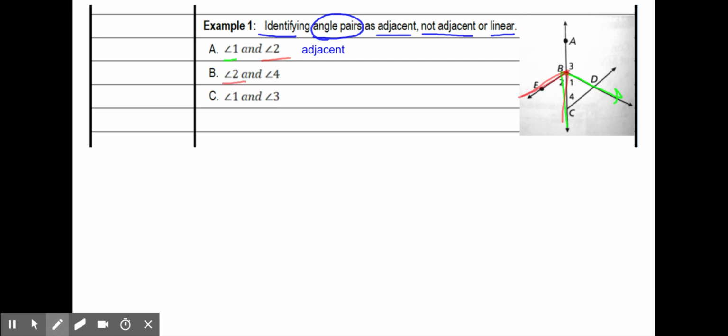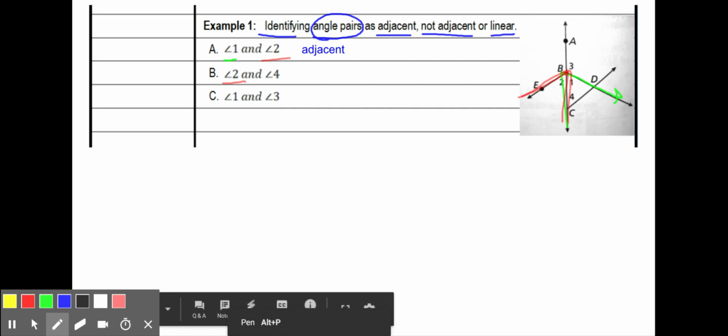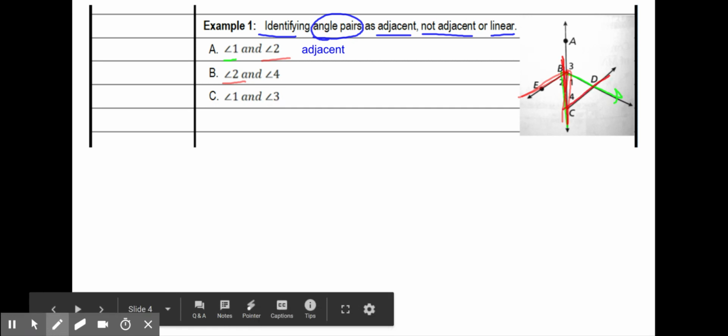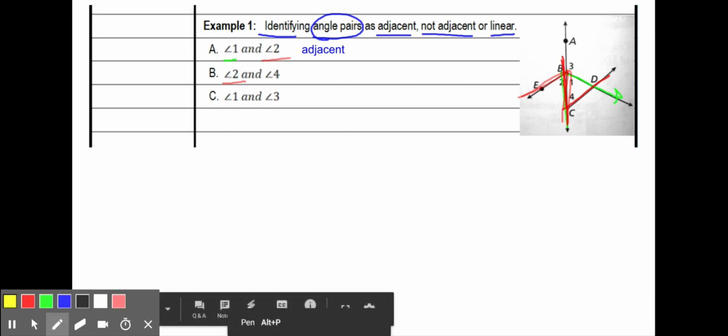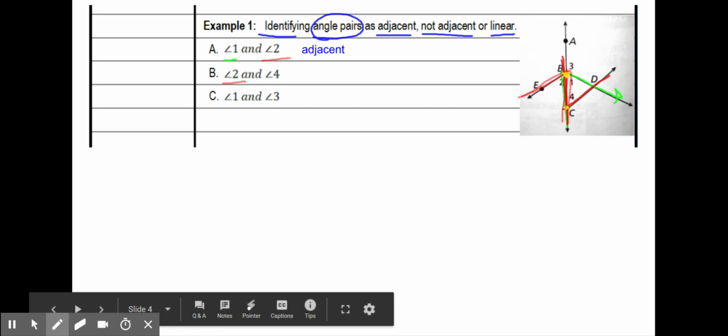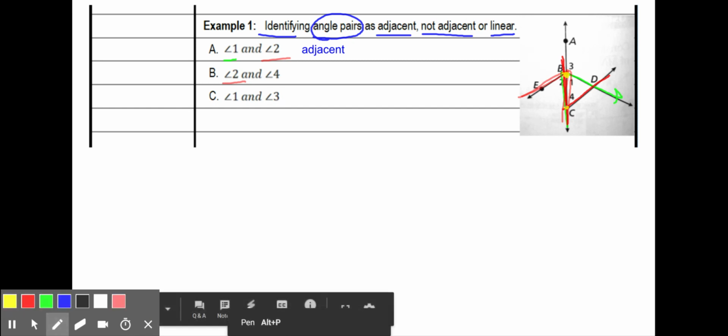If we look at angle 2 and angle 4, I can see that angle 2 and angle 4 do share a common side. However, they do not share a common vertex, so they cannot be adjacent. This one was tricky.